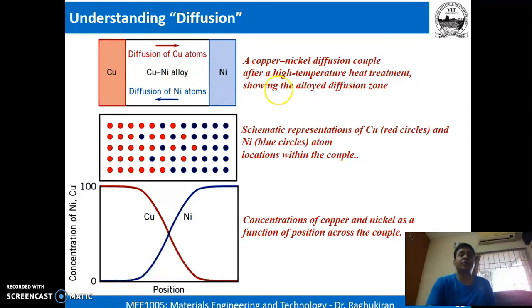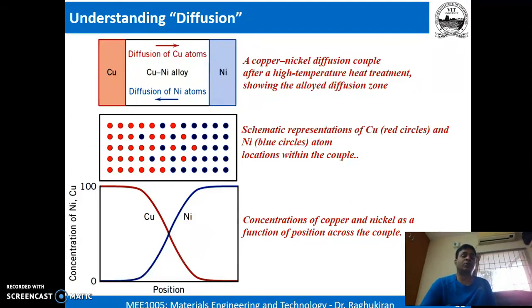If there is a concentration gradient, there is always a possibility of migration of these species from the higher concentration level to the lower concentration level, because that is a spontaneous thing to happen. It will be settling at a lower free energy level.